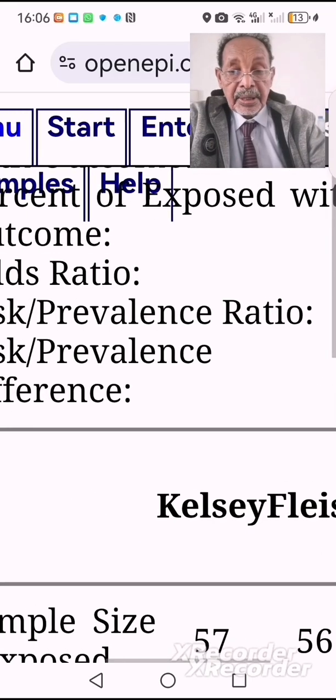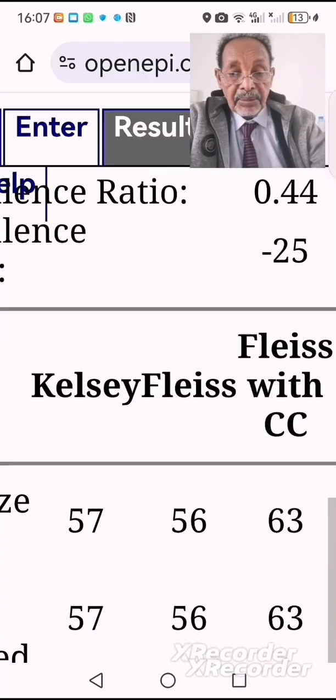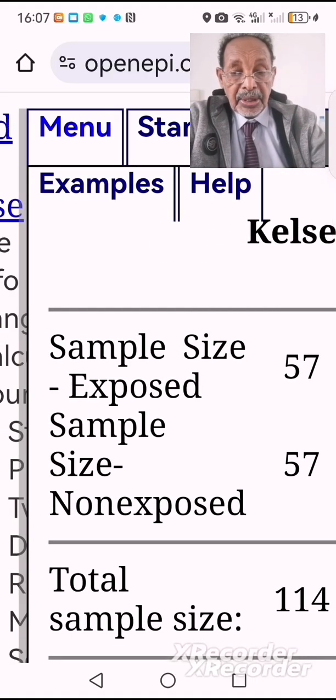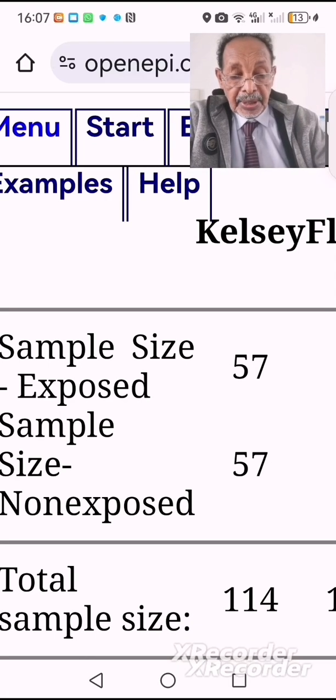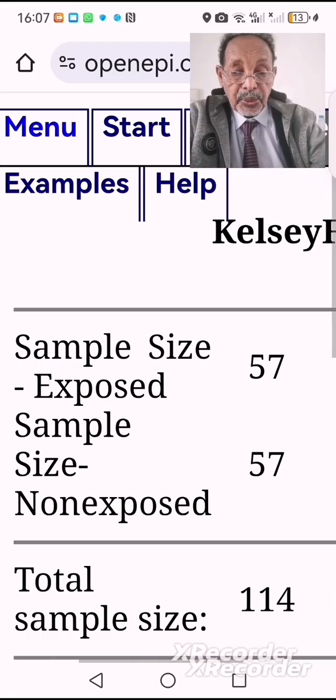Here, the calculator calculated for us the odds ratio and the risk and these things, but we are interested in the sample size. Here is the sample size of the exposed, the negative pressure wound therapy, 57, and since the group ratio is 1:1, the sample size for the normal dressing, the unexposed, is 57 also.